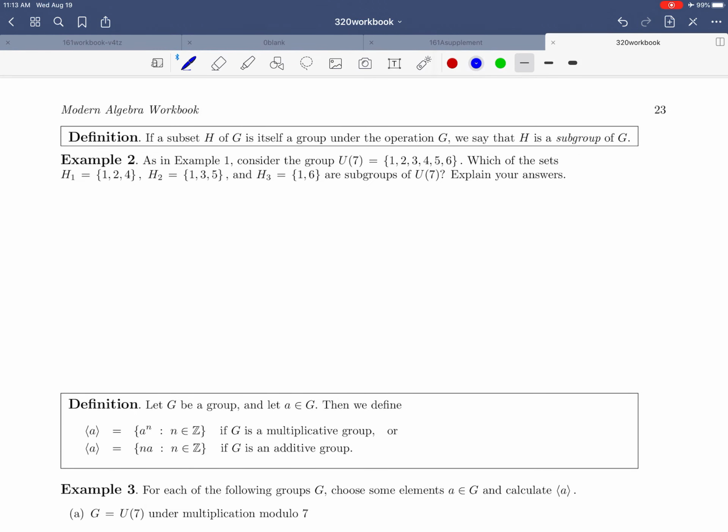The second idea that I want to talk about is the definition of a subset H of G, and that is not that complicated, really.